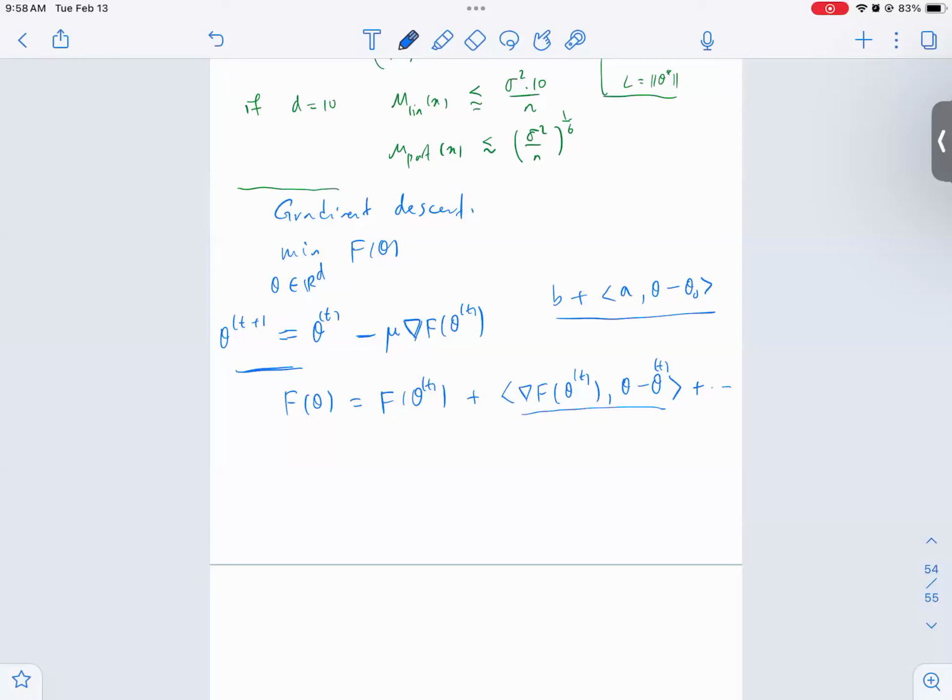This is very intuitive. The inner product of two vectors is minimized if one is in the negative direction of the other. Ignoring the norm, the direction that minimizes this is the negative. So you can think of gradient descent as minimizing a first order approximation of the function.